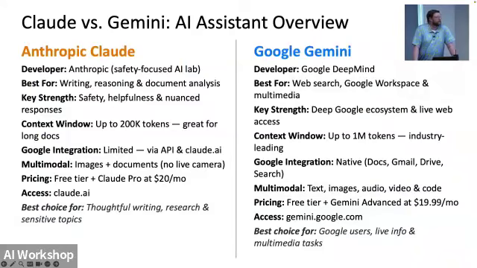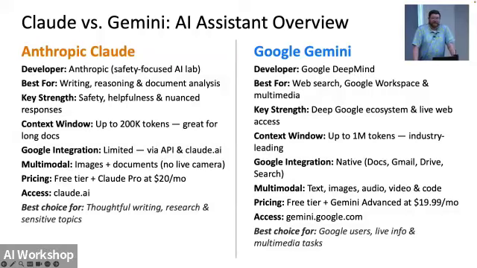So Gemini, again, developed by Google, aka DeepMind, is really good for web searches as well as workspaces, because most public schools, for example, use Gmail and the Google suite. So if you live within the Google ecosystem, Gemini might be really good for you. Context window, again: if you pay for the $250 a month plan, you can get up to 1 million tokens.